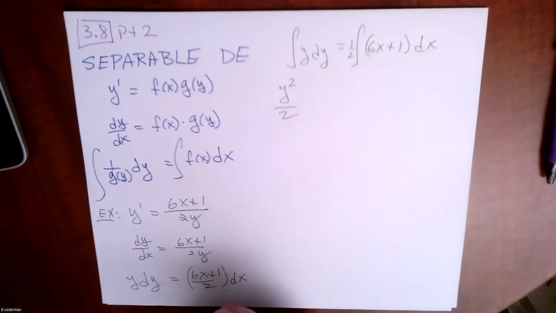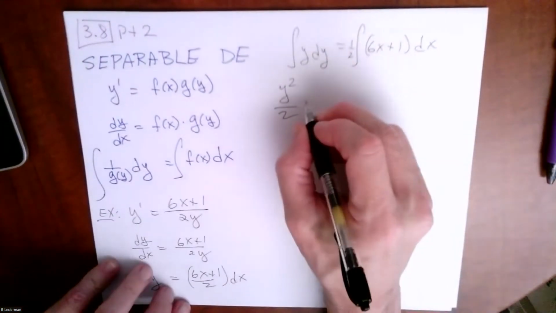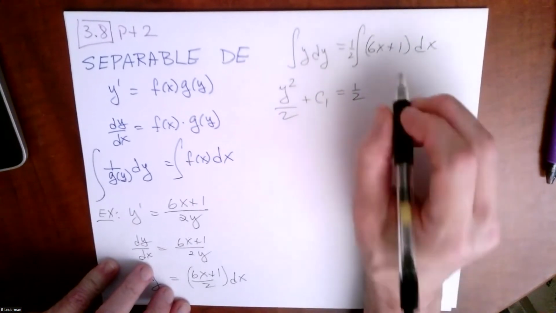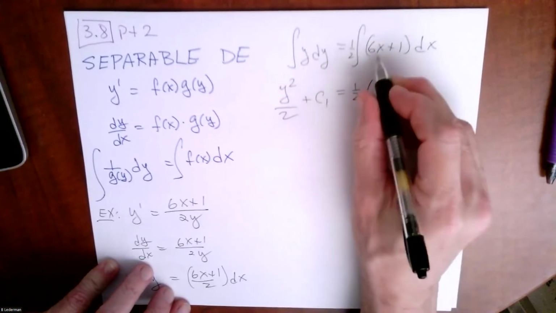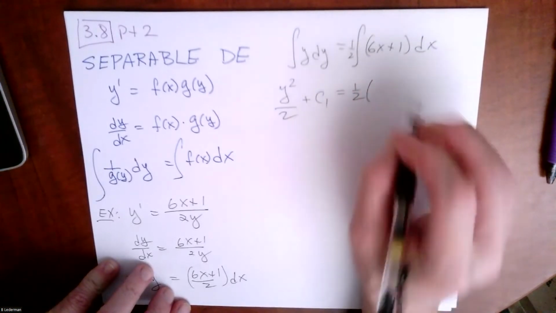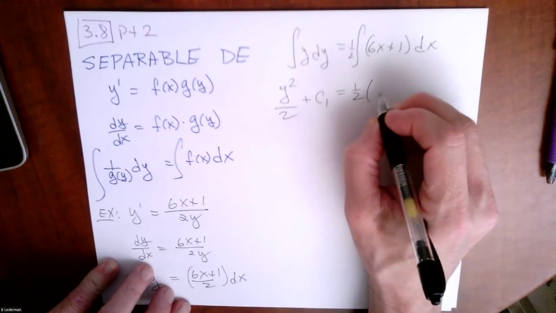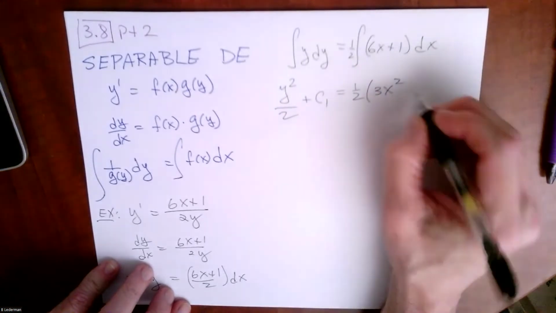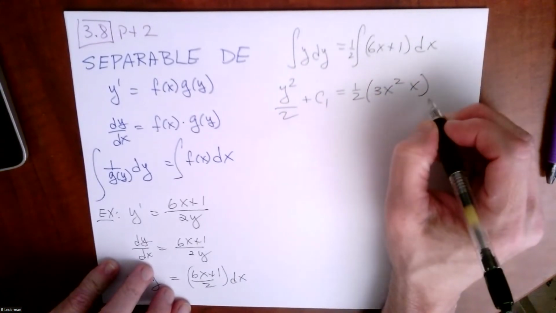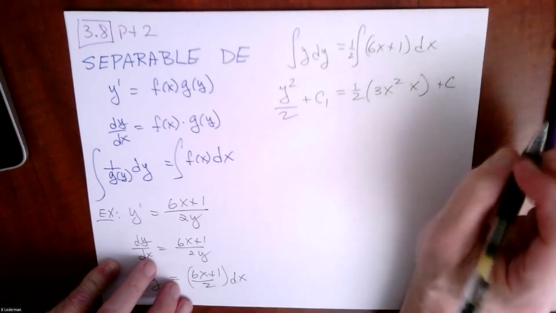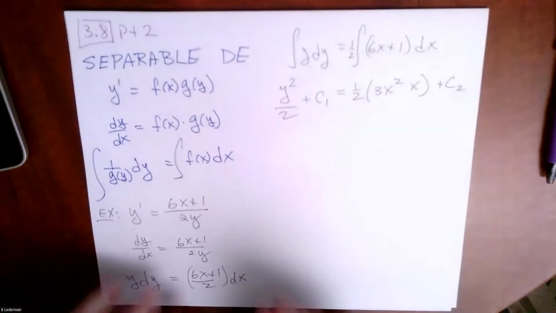Instead of writing plus c, I'm going to write plus c1. And here I'm going to write 1/2. Well, what is this? The integral of 6x is 6x squared over 2, which is 3x squared. And the integral of 1 is x. And then, of course, plus c, but I'm going to write c2.